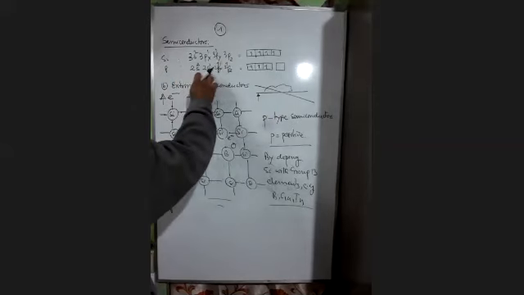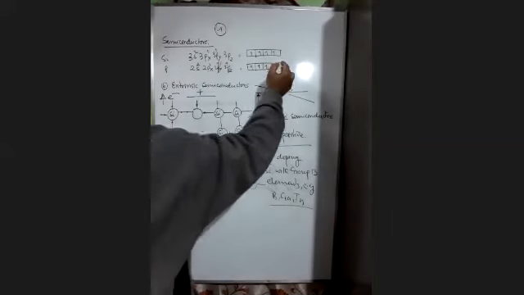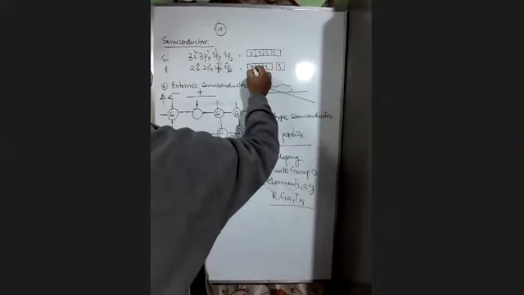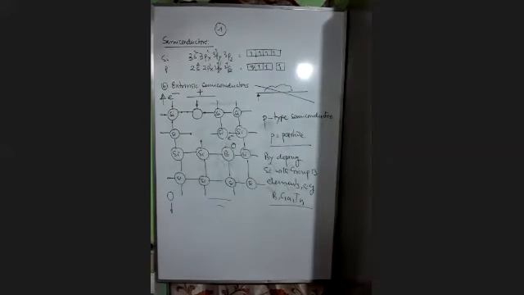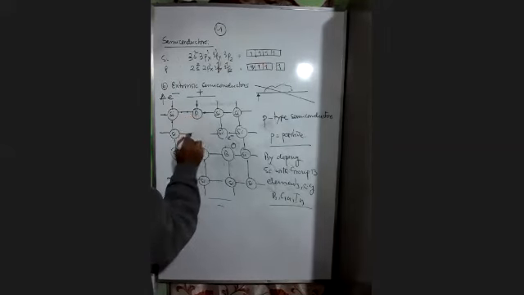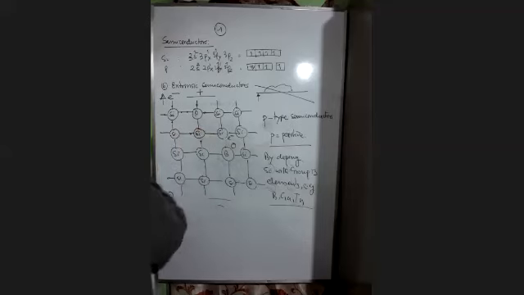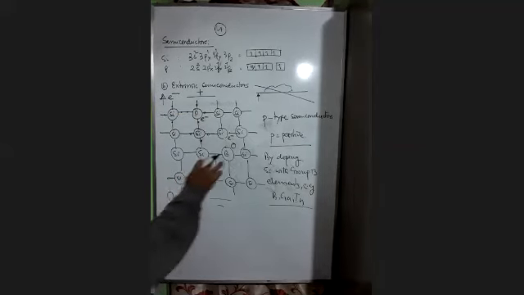So what is going to happen now here? 1 extra electron. If I put phosphorus here, phosphorus has 5 electrons, 1, 2, 3, 4. Silicon has 4 electrons, 1, 2, 3, 4. So this will be the 5th electron of phosphorus.